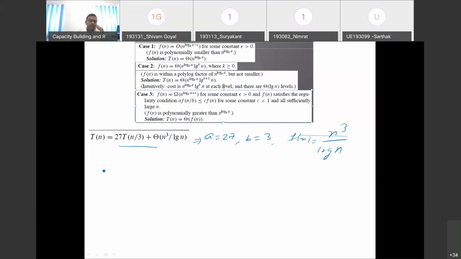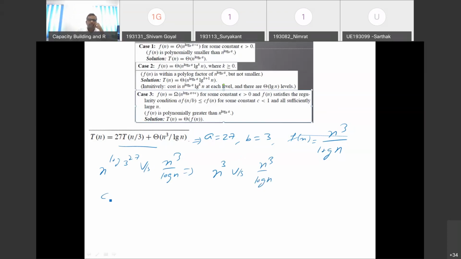Fine. So we need to compare n raised to the power log 27 base 3 versus n cube upon log n. Log 27 base 3 is equal to 3. So we need to compare n cube versus n cube upon log of n.